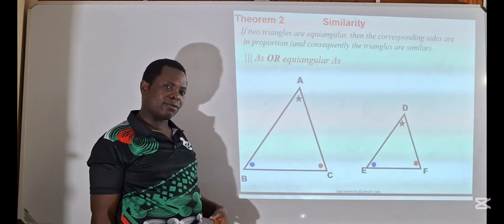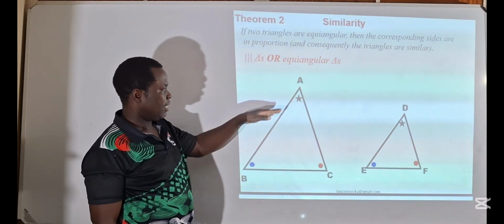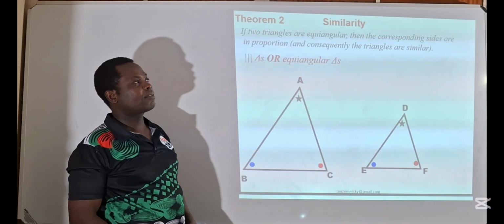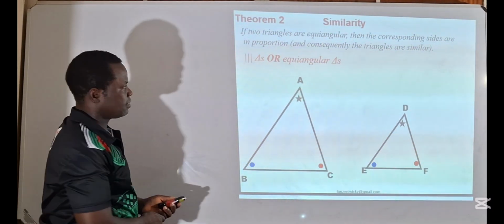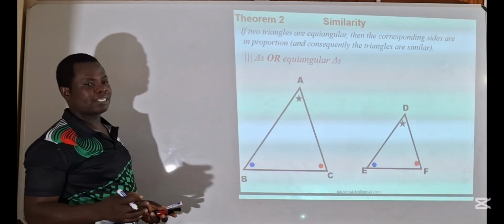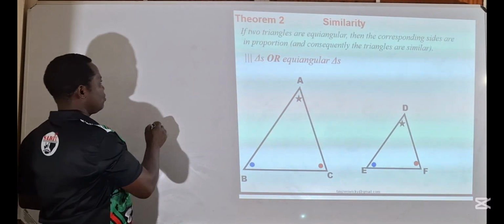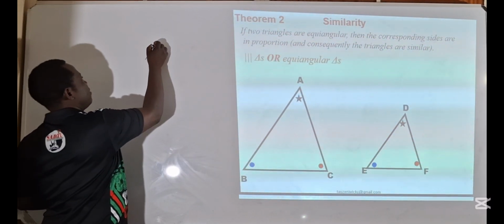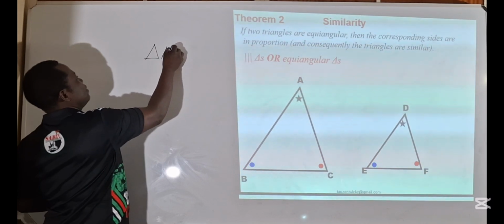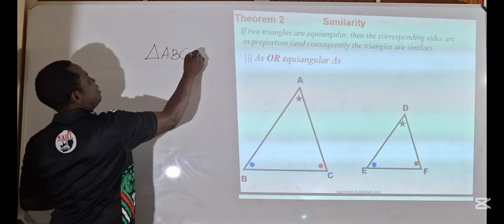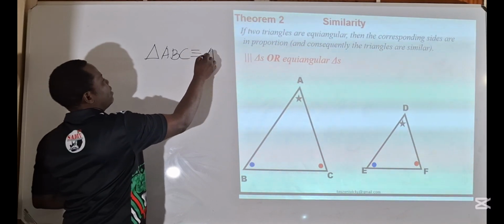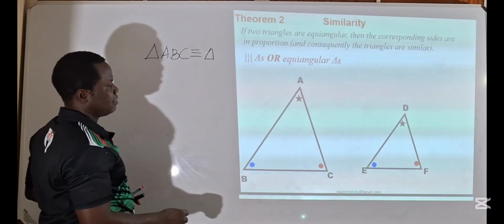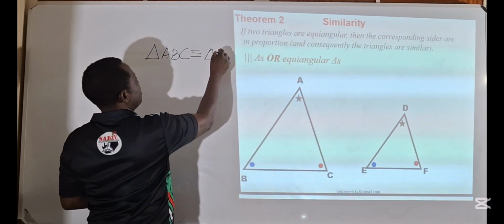They are triangles that have equal angles. Now, if two triangles have equal angles, it means the two triangles are similar to each other. So triangle ABC is similar to triangle DEF.